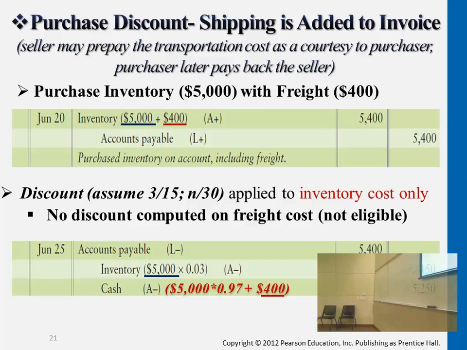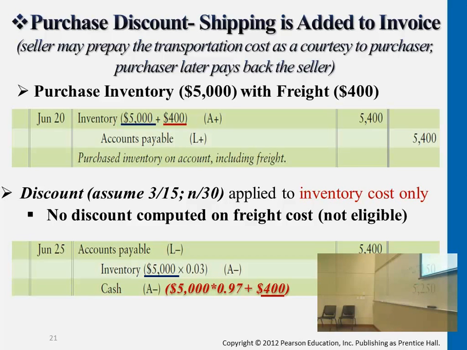Later on, when we pay the money back to the seller and reduce the liability, it will look like this. We would debit accounts payable, and let's say we also pay within the discount period, since it's only 5 days' difference here. Within the discount period, there's 3% offered: 3/15, net 30.